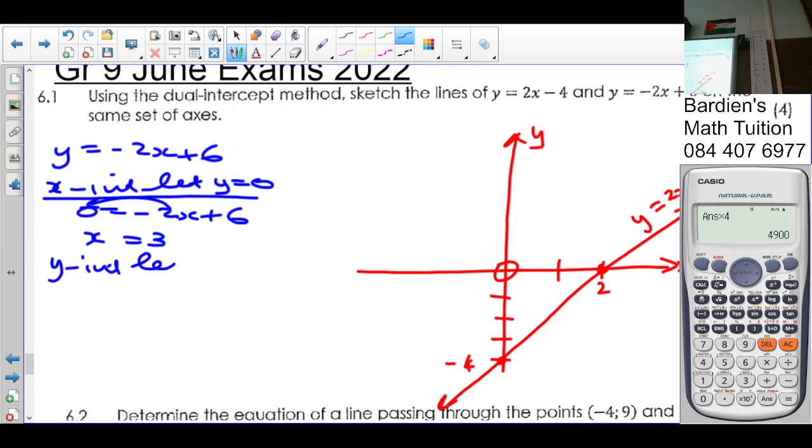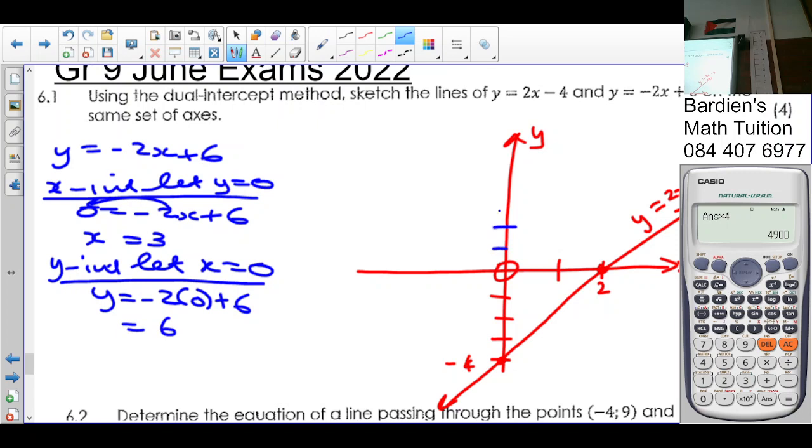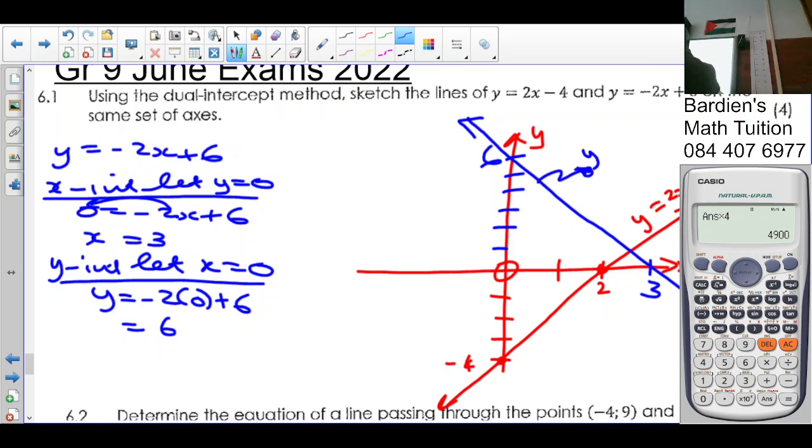Let x equal 0. So y is equal to negative 2 times 0 plus 6, which is 6. 1, 2, 3, 4, 5, 6. And 3 is up there. The graph is going to do that. And this is the graph of the equation y is equal to negative 2x plus 6.